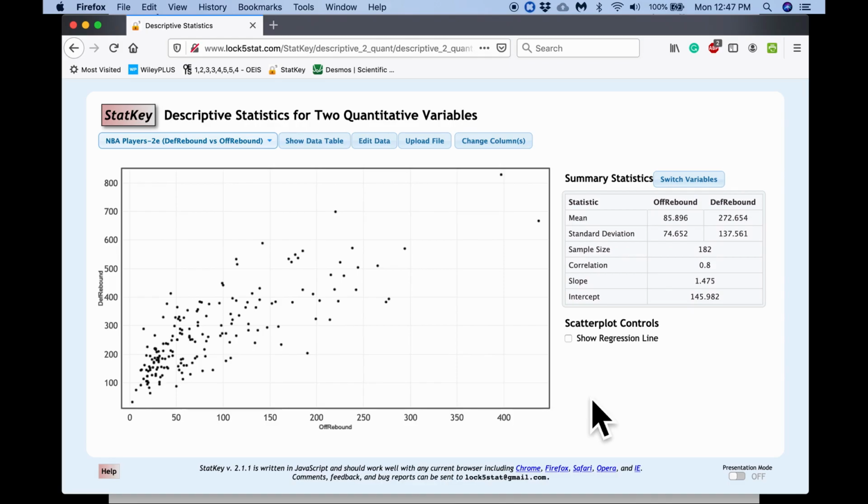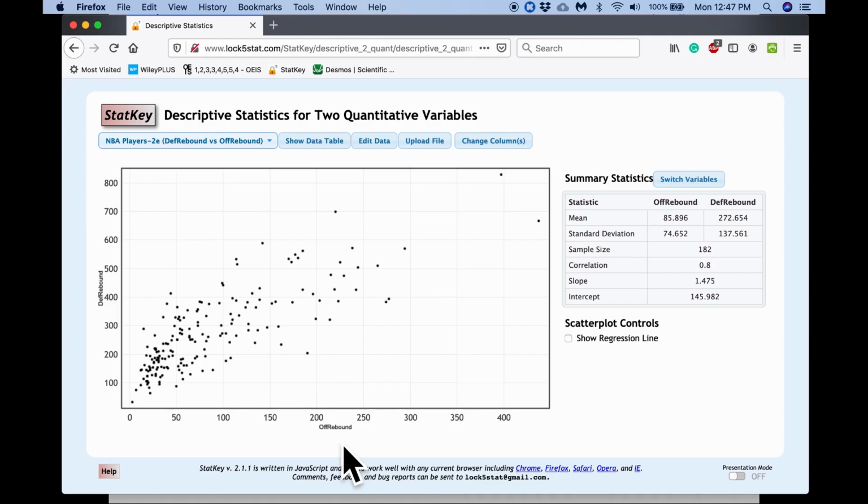So in other words, can we think of the offensive rebounds as an explanatory variable for the response variable, the number of defensive rebounds? And I think here the answer is yes. We can think of the number of offensive rebounds as giving us a basis for predicting the number of defensive rebounds. So we can connect these two variables as a response to an explanatory variable. No question about that. That can be done. And that would actually be quite helpful.